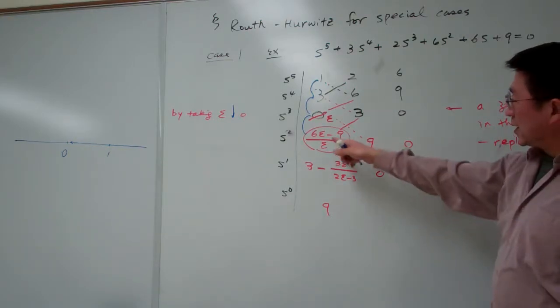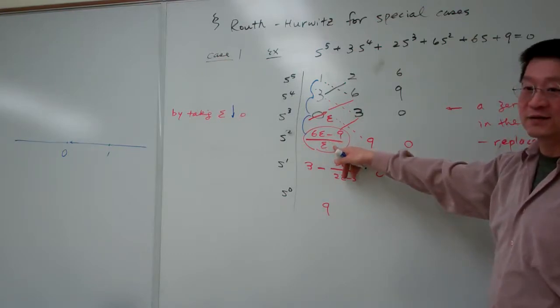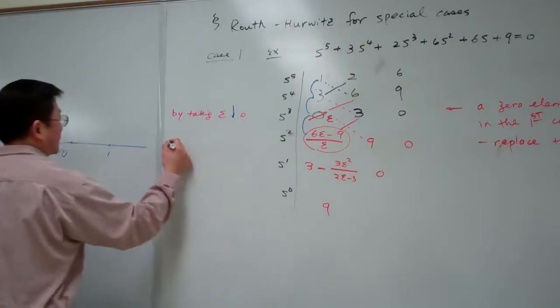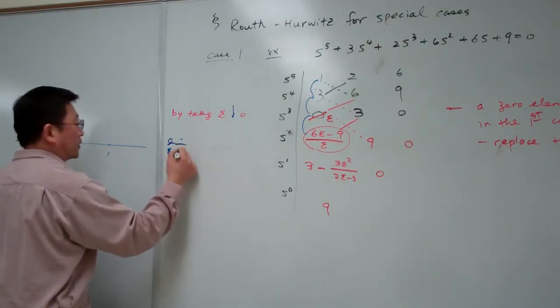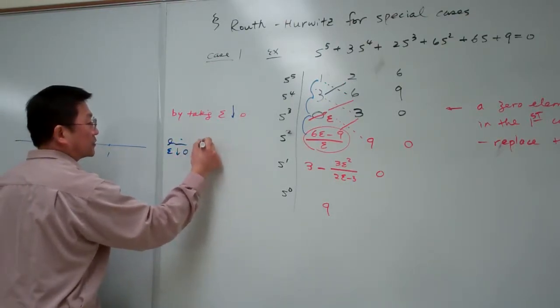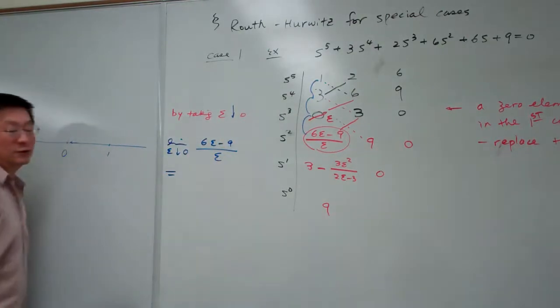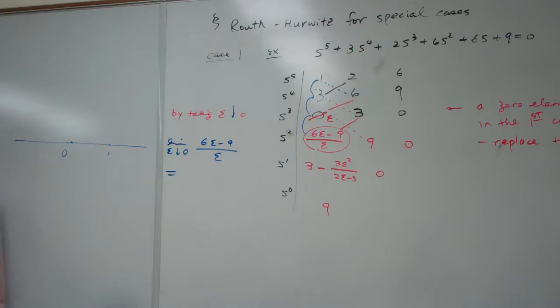Can you see how to calculate this number? The limit as epsilon approaches 0 of (6 epsilon minus 9) divided by epsilon. How much is this one? Calculate it.